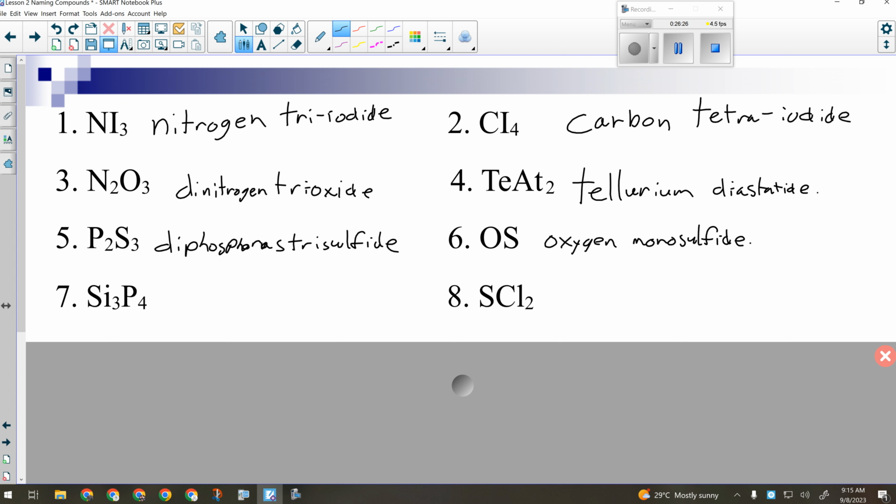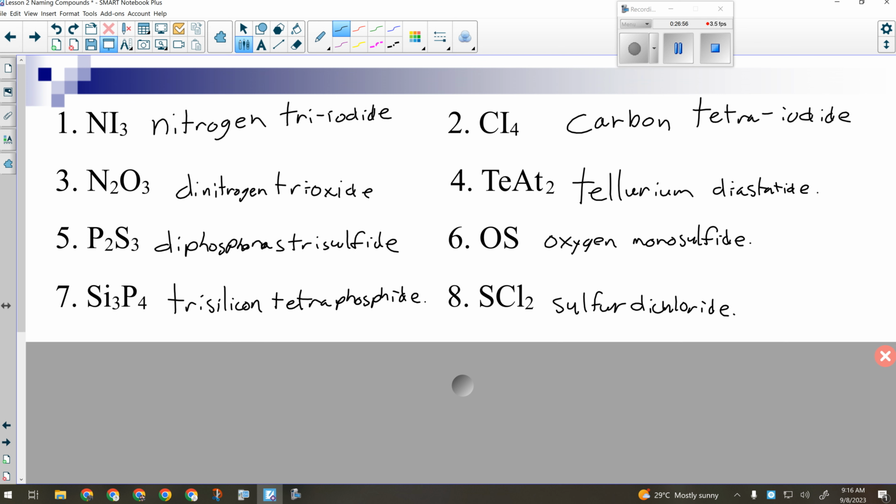Number 7, we got 3 silicon. So what prefix do I need there? Tri. Tetraphosphorus, right? Phosphide, yes. Okay, and number 8. So I've got 1 sulfur. Do I need a prefix? Sulfur, dichloride. All right, so those are pretty straightforward.